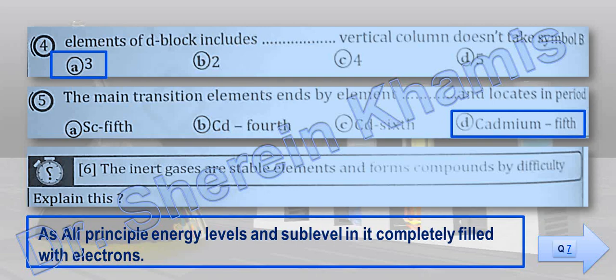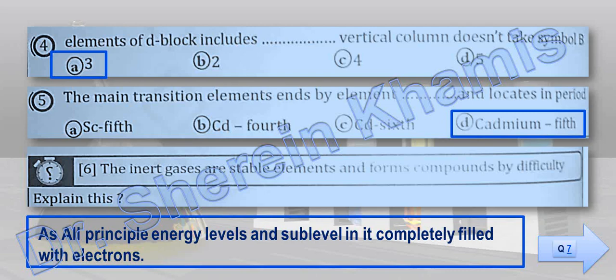Explain this. We can say that all principal energy levels and sublevels are completely filled with electrons, so they can't form compounds with any other elements surrounding them. They exist in the elementary state in nature.